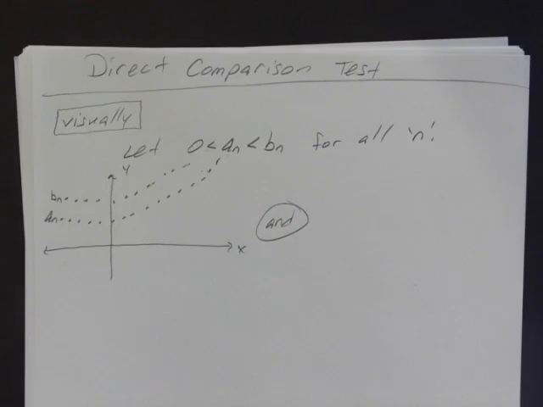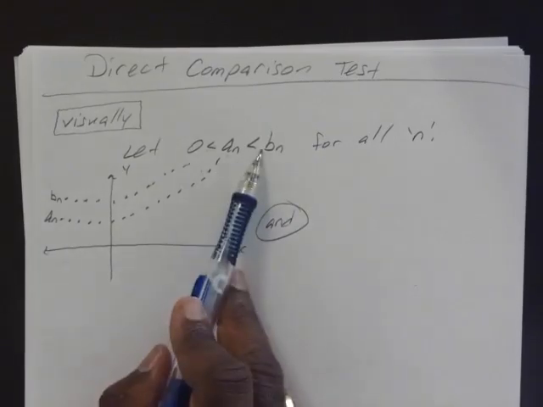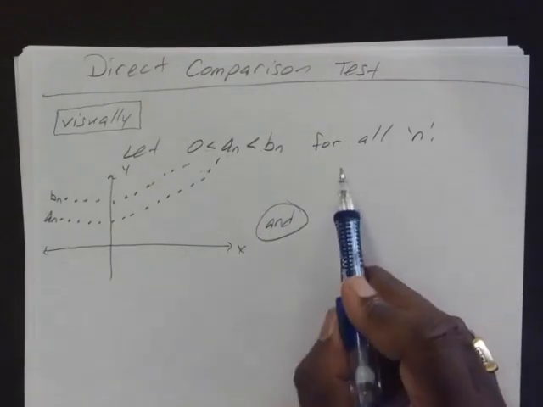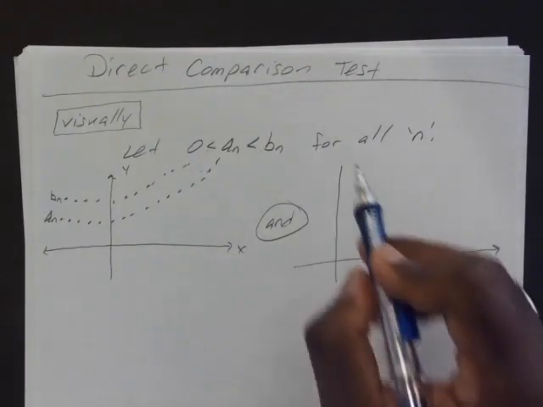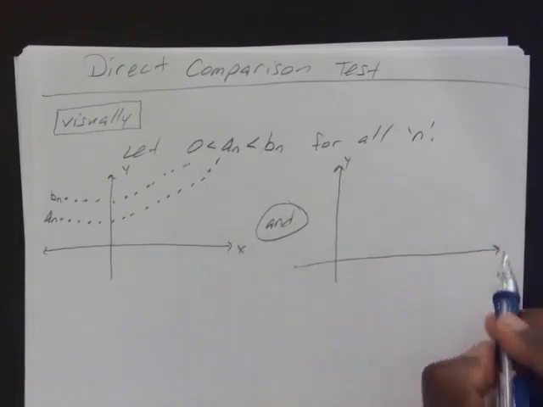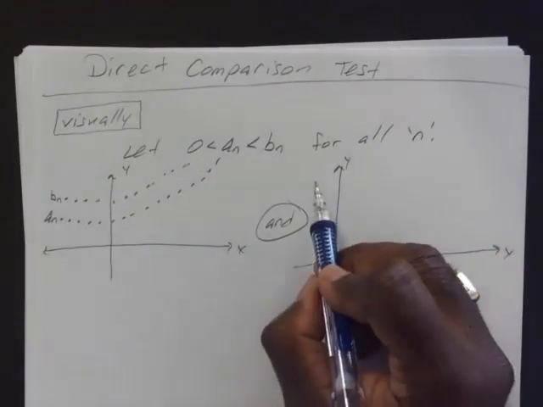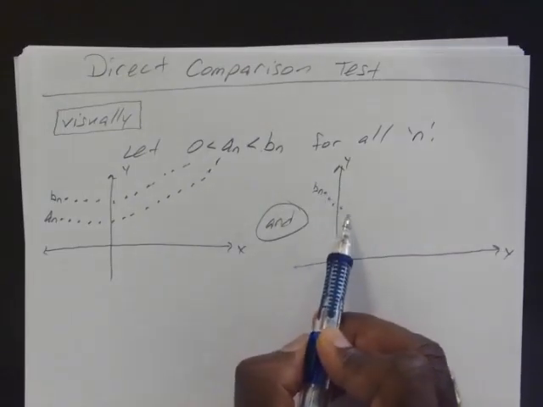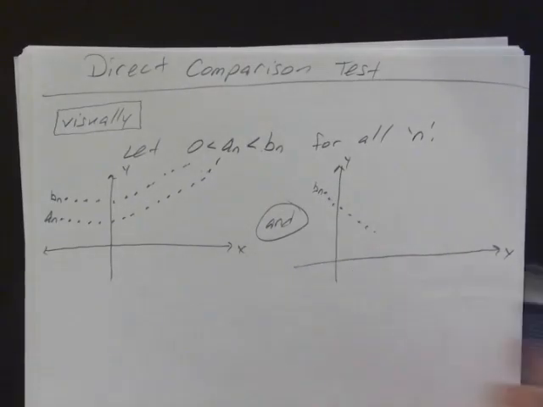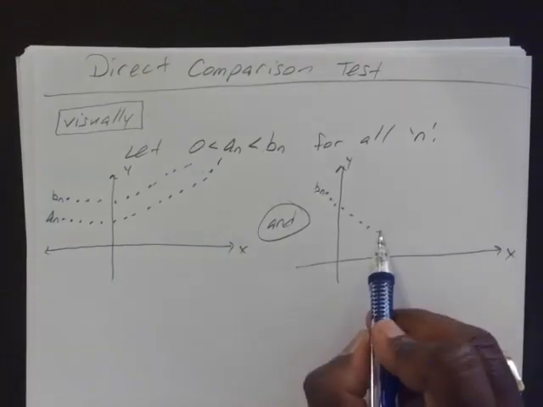Same thing if b sub n converges. If b sub n converges, I'll say to 0 just because it's already there.